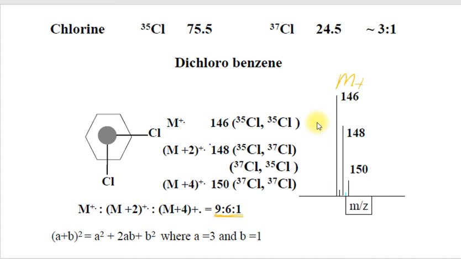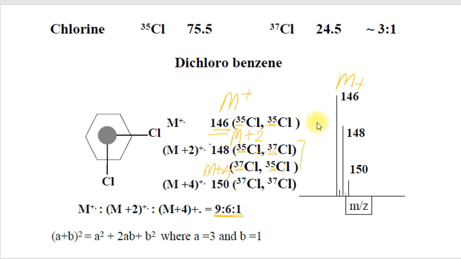That means, in the case of this dichlorobenzene here, the molecular weight is 146. So the M plus peak is 146, the M plus 2 peak is 148, and the M plus 4 peak is 150. The probability of having the combination of chlorine 35 and chlorine 35 comes first, then chlorine 35 and chlorine 37, and chlorine 37 and chlorine 35.